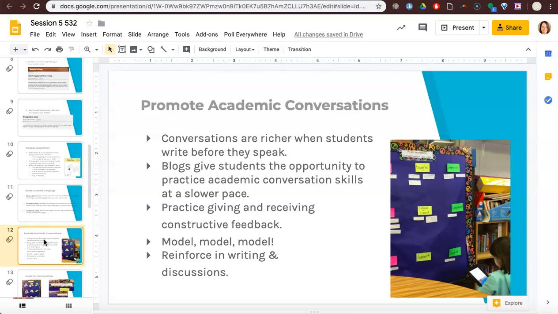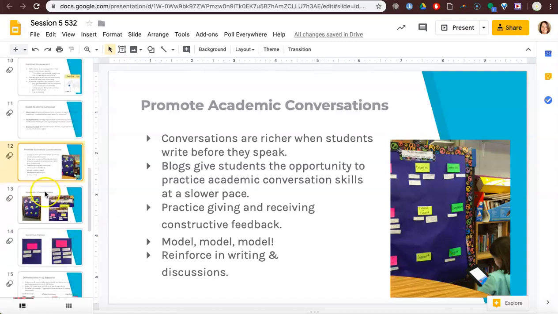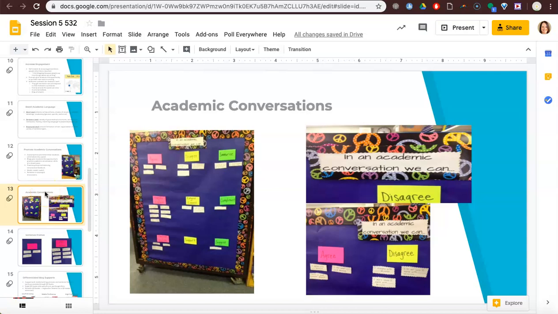So this is an example from my classroom one year where I made an academic conversation wall. And so you can see one of my students is writing her blog using it. So she was at this table right here, but she got up because she needed one of our sentence frames to help her figure this out. So how our academic conversation wall worked was, here's the whole thing.